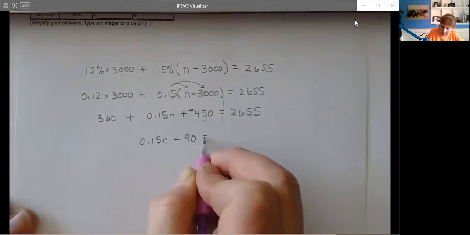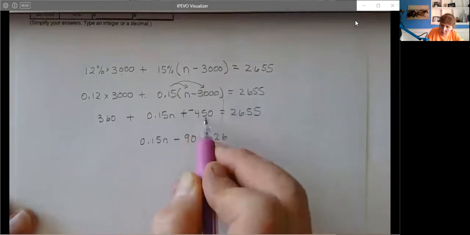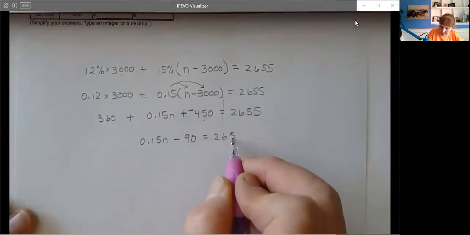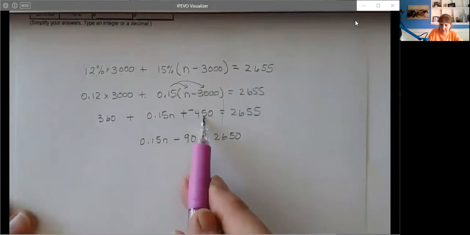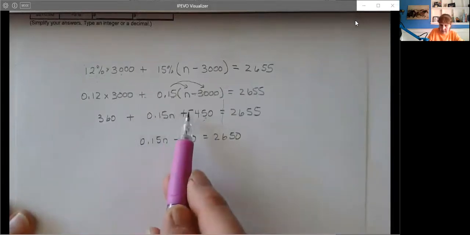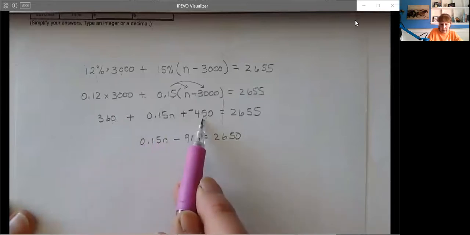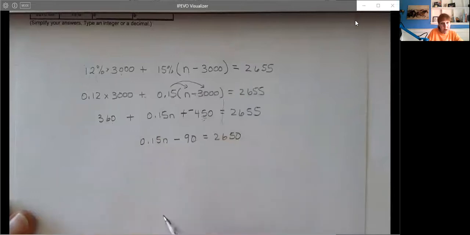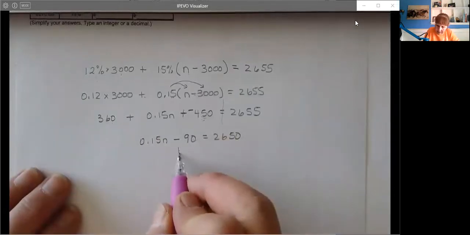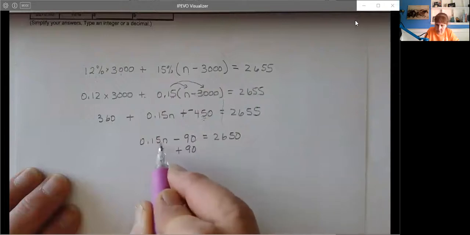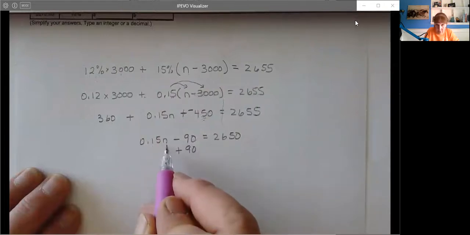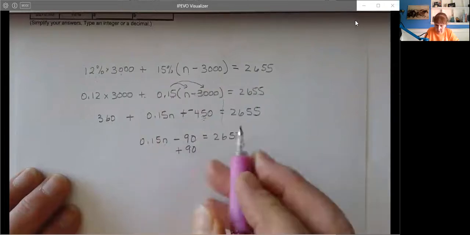It would be a negative 90 because you have more negatives. You have 450 negatives and 360, so 360 of these cancel out 360 of those, and you're still left with 90. Now it's a two-step equation. So we add 90. We get rid of what's being added to or subtracted from the variable first.